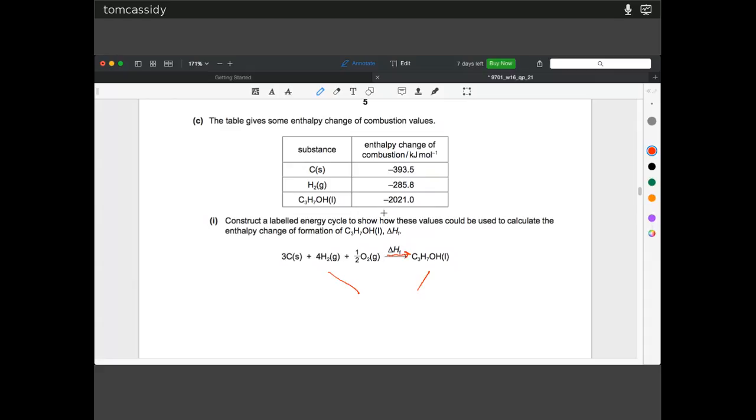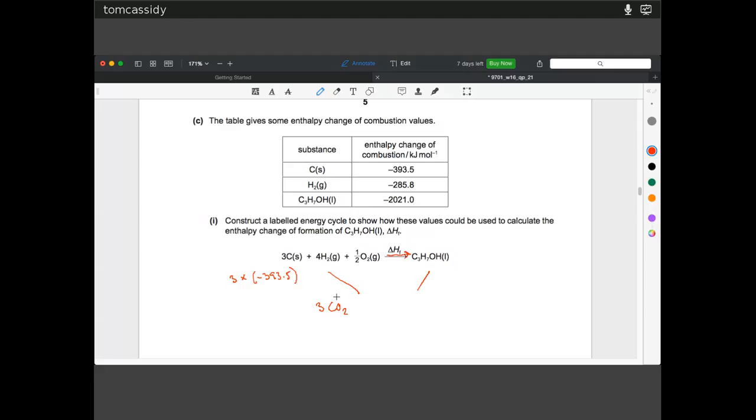All right, so you've got enthalpy changes of combustion given to you up here. So if we do a combustion here, well, if you completely combust carbon, you're going to end up with 3 molecules of carbon dioxide. And because the enthalpy change of combustion is just per 1 mole, then this is per 1 mole of carbon, but we've actually got 3 moles of carbon here. So we've got to have 3 times minus 393, haven't we, to go there.